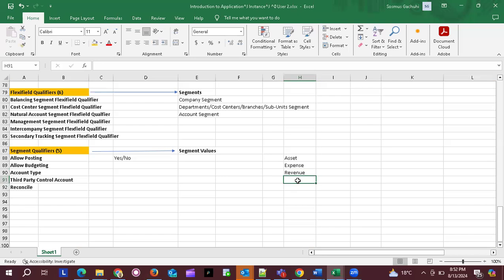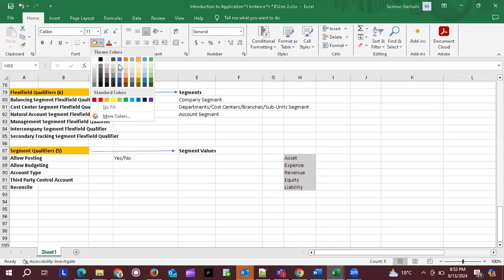Yeah, revenue is what you are referring to as income. You have mentioned equity and liability. So there are 5 of them.